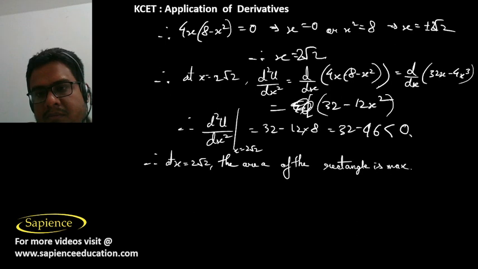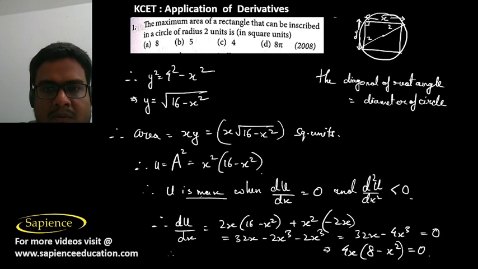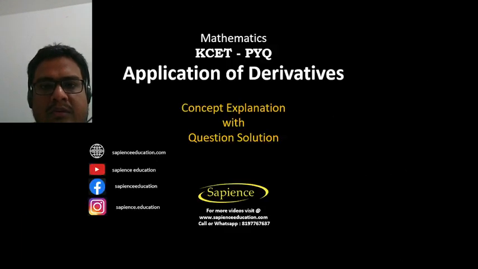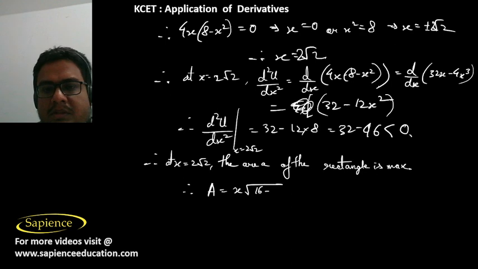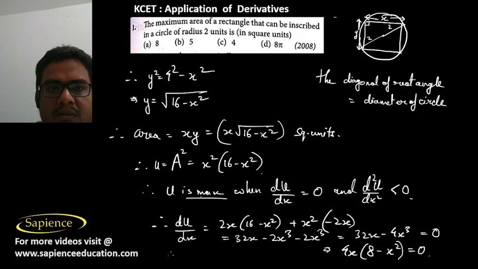So we have to find the maximum area, that is x into root of 16 minus 8, so 8 square units is the area of the rectangle, and A is the correct option.